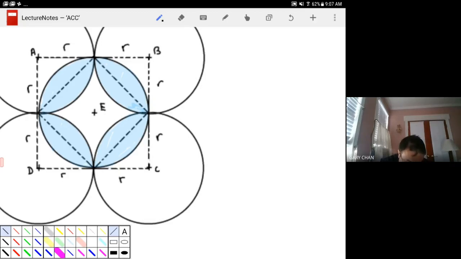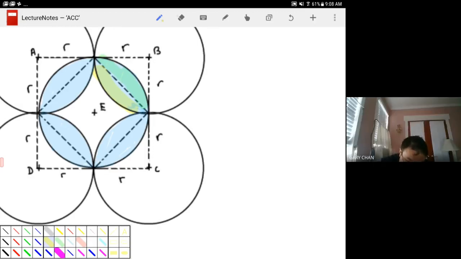And something else that I want to emphasize, can it be agreed upon that the shaded region over here that I am highlighting in green is the same as the shaded region that I am highlighting in yellow? Is that the same? Yeah. They're reflections of one another.